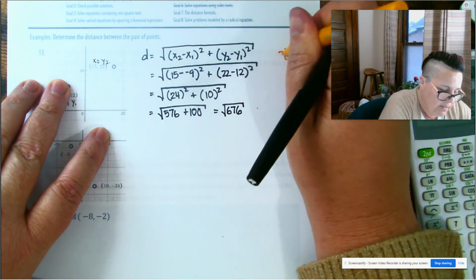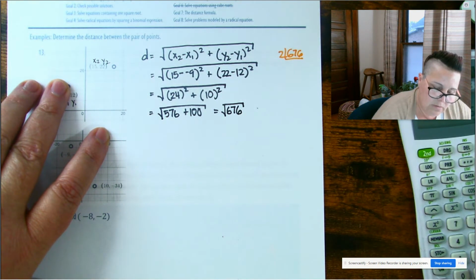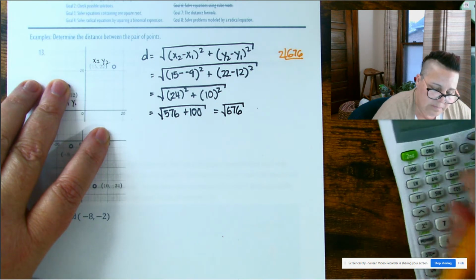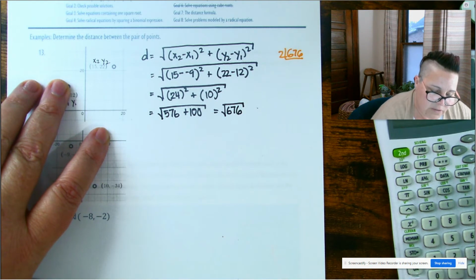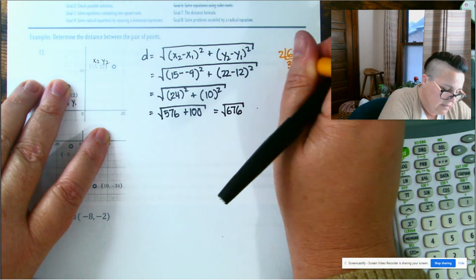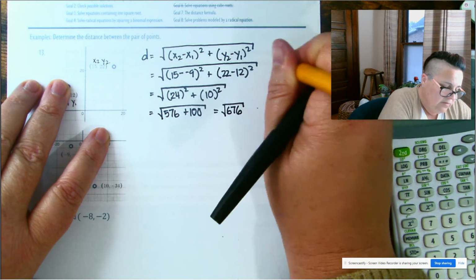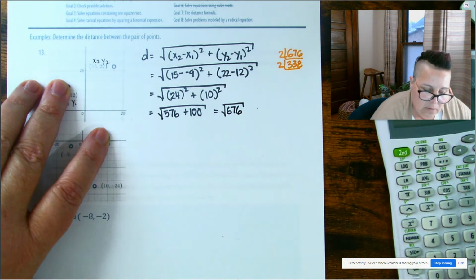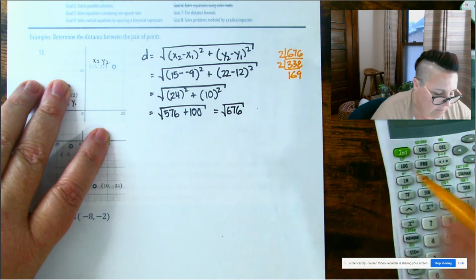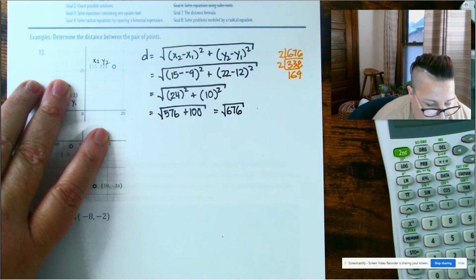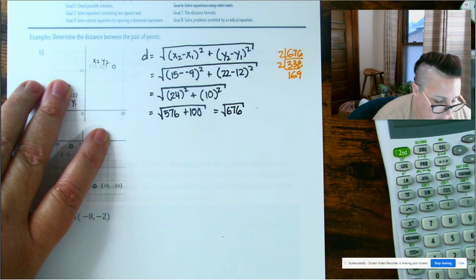So 676 divided by 2, and I'm going to get 338, still even. So I'm going to divide that by 2 again. I'm doing my factoring here. 169. Hey, 169 is a perfect square.